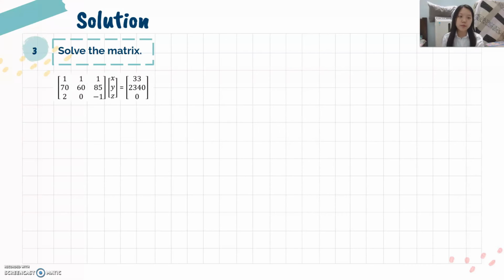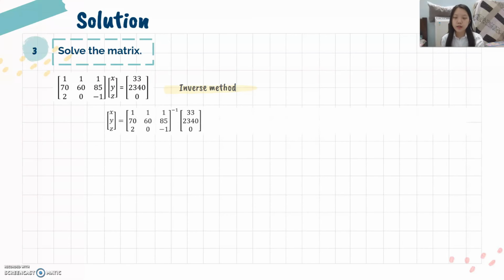Actually, for this question, there are a lot of methods to solve it using matrices. We have the inverse method, EROs, and the Gaussian method, but we will focus on the inverse method. So by using the inverse method to solve this matrix, we have to move the left hand side of the matrix to the right hand side, and the matrix will become an inverse.